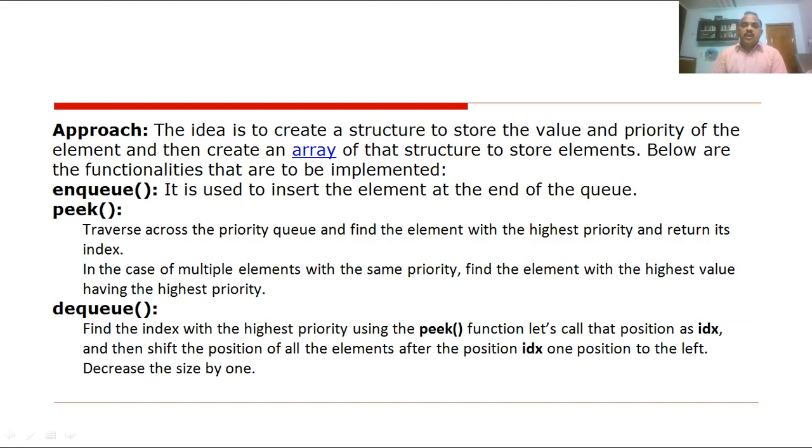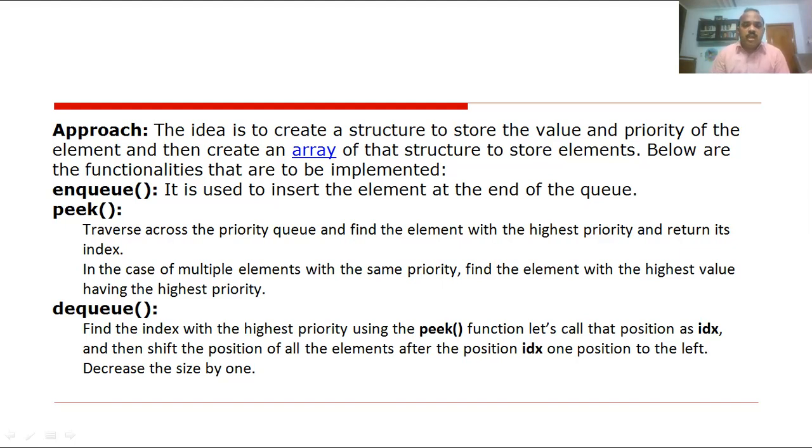Approach. The idea is to create a structure to store the value and priority of the element, and then create an array of the structure to store elements. Below are the functionalities that are to be implemented. The first one is NQ. It is used to insert the element at the end of the queue. Second one is peek. Traverse across the priority queue and find the element with the highest priority and return its index.